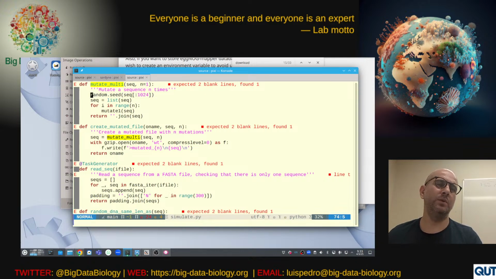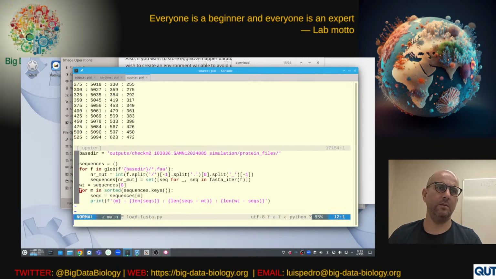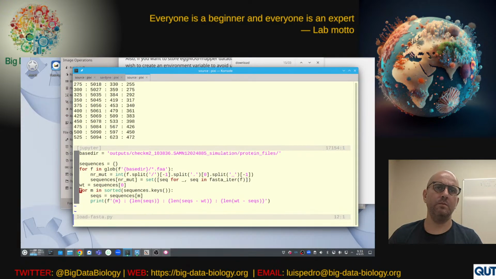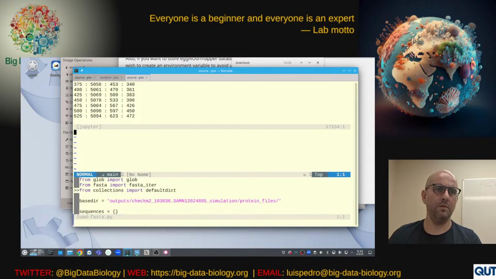So this will deterministically mutate this one. Oh, 3, 8, 3, 6. Yep.